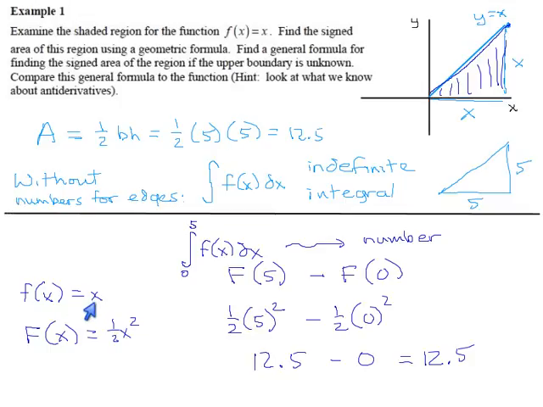When you do this antiderivative, you start with x, you get an antiderivative which technically should have been 1/2 x squared plus C. But now look what happens when I do this calculation.